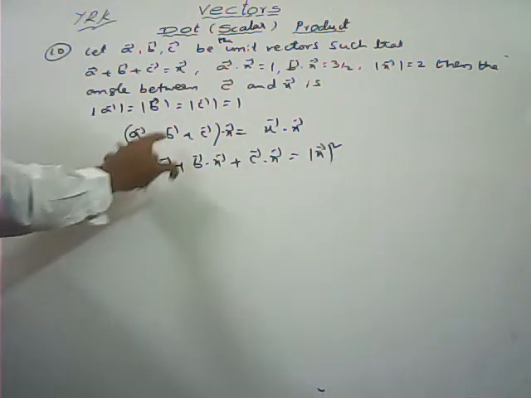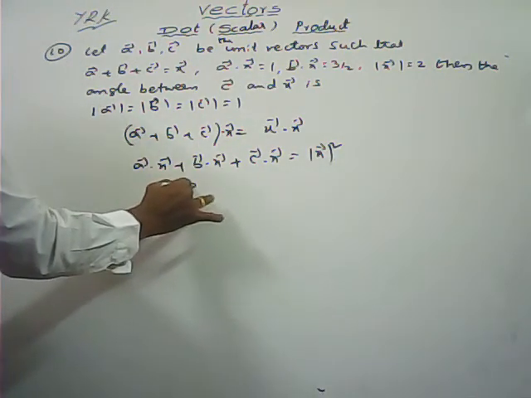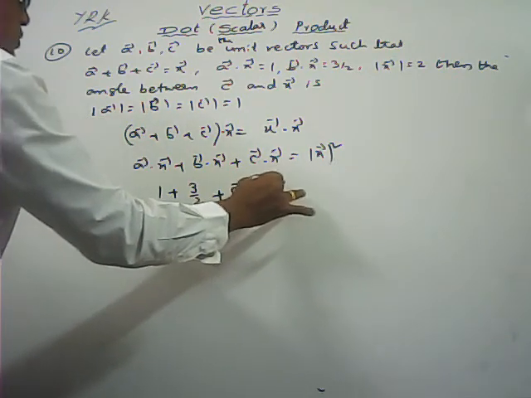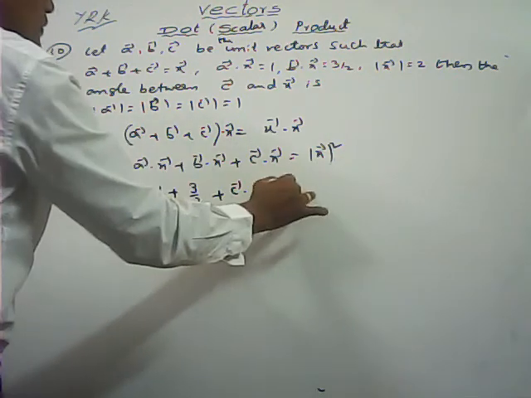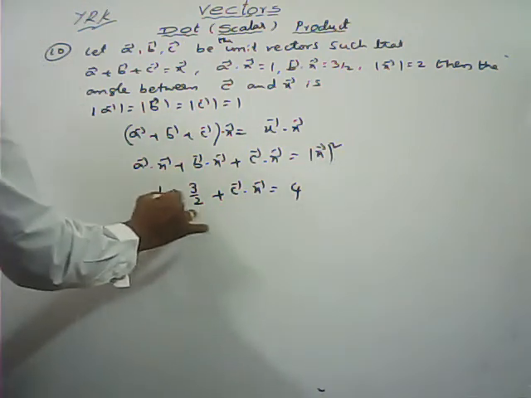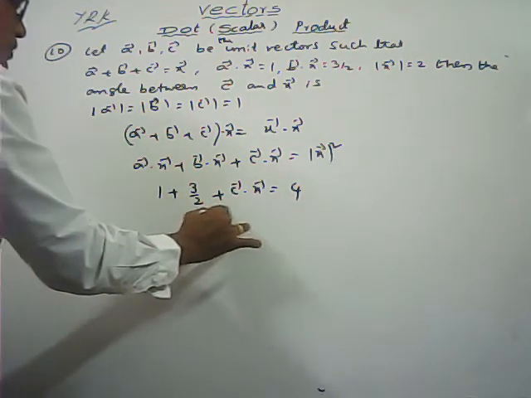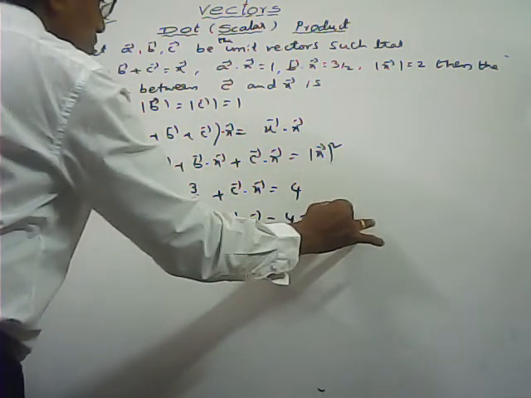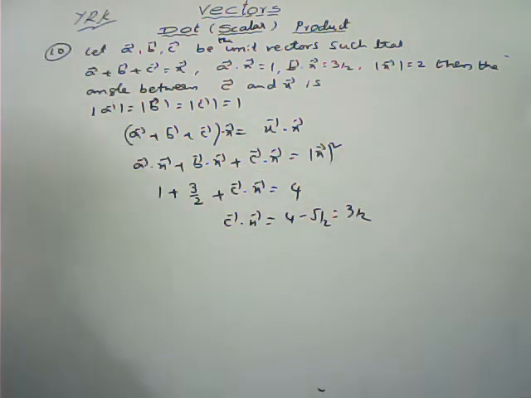Now a bar dot x bar is 1, plus this is 3 by 2, plus c bar dot x bar, equals modulus of x square, that is 2 given, this is 4. This is 5 by 2. c bar dot x bar is equal to 4 minus 5 by 2, that is 8 minus 5, 3 by 2. So here we got the c bar dot x bar value.